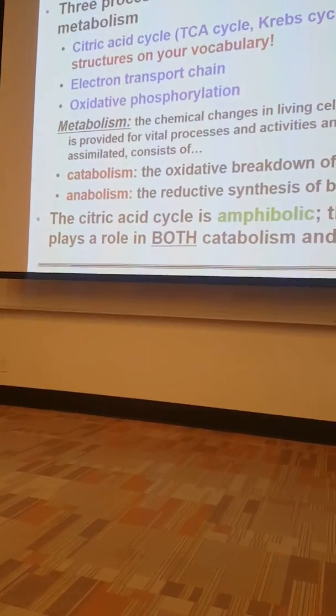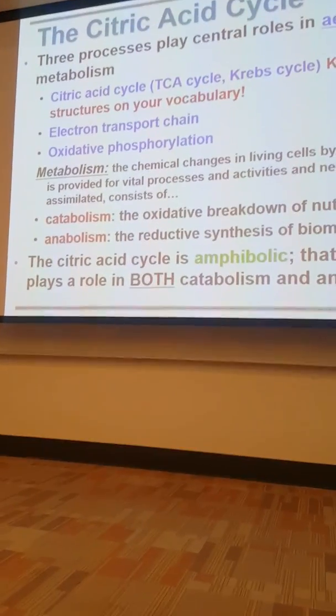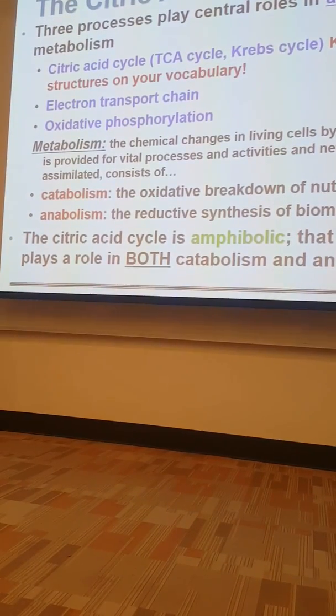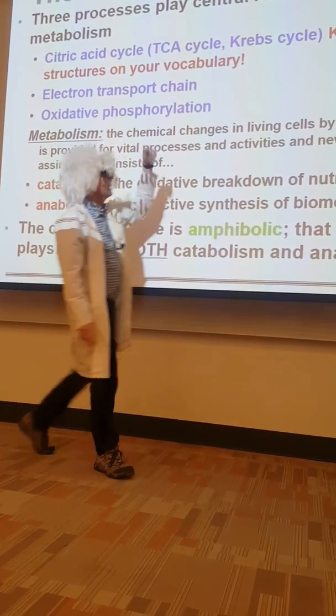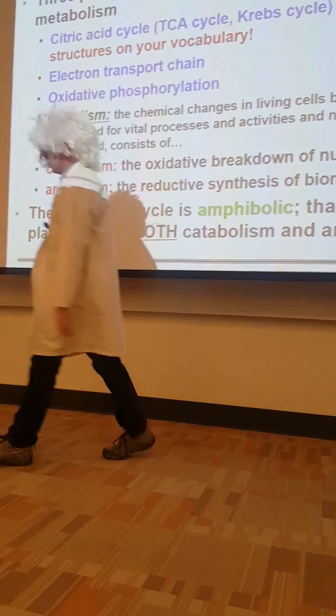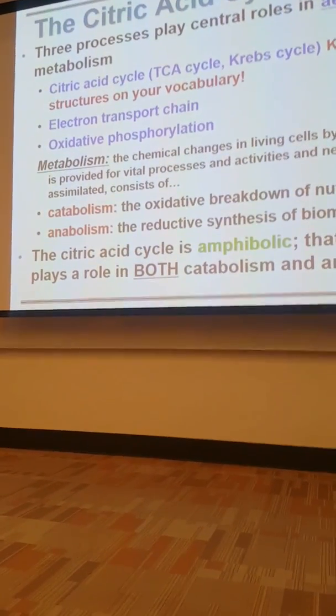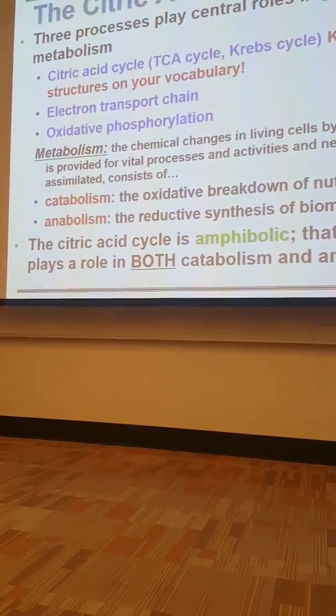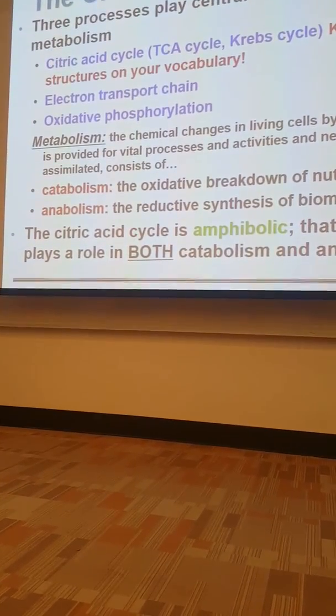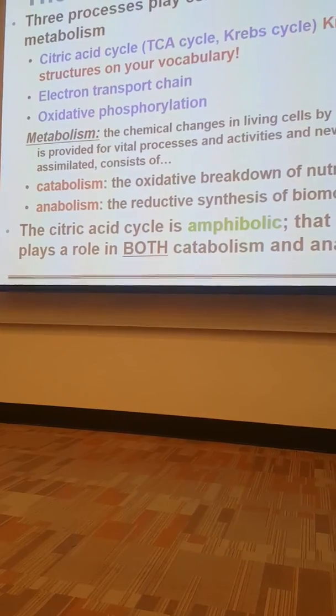I can draw. The citric acid cycle. You gotta know all those steps. And it ties into the electron transport chain. And as I told you, the electron transport chain is where you have the oxygen used. There's nothing in that citric acid cycle that uses oxygen. It's an oxidative process that generates NADH and FADH2.